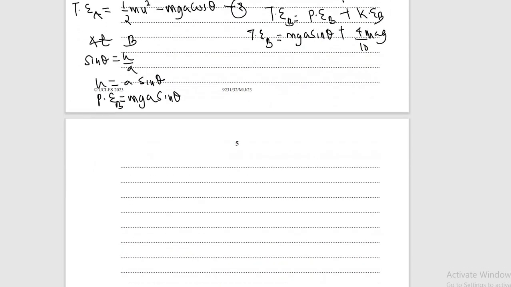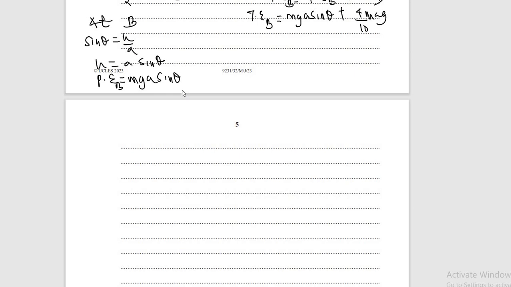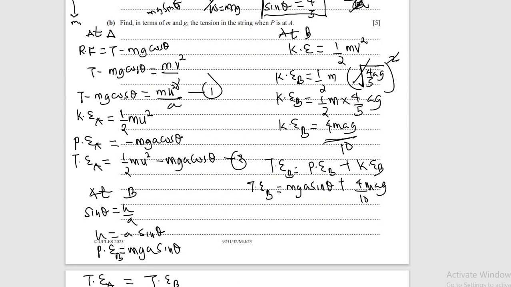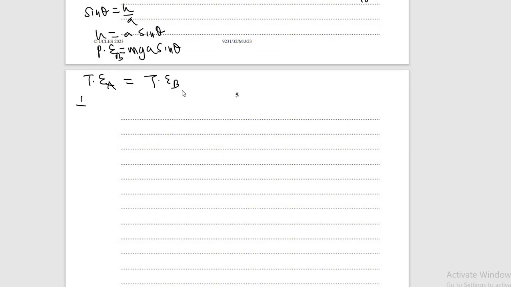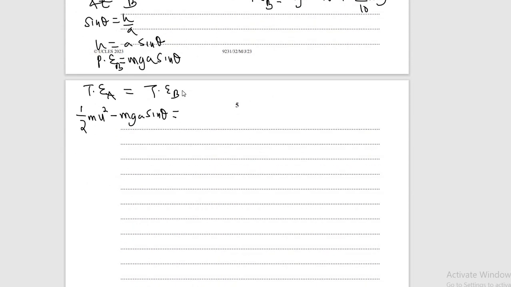Using the principle of conservation of energy, total energy at A will equal total energy at B. What is total energy at A? That's half mu squared minus mga cos theta. What is total energy at B? The total energy at B is mga sine theta plus 4 over 10 mag.